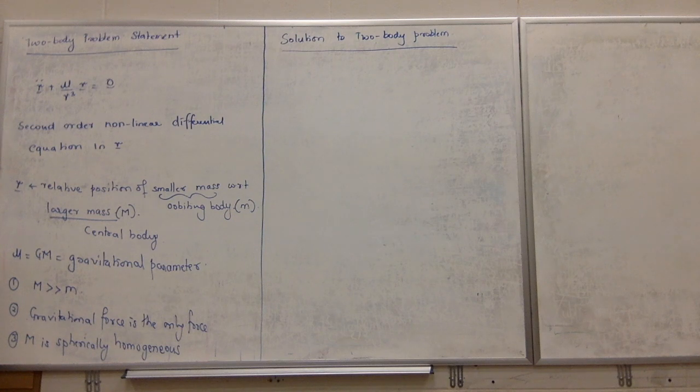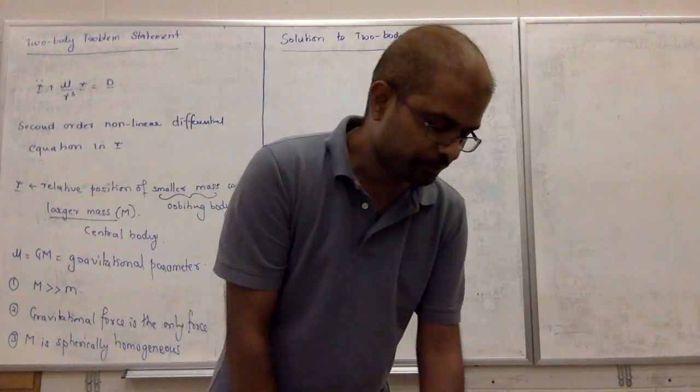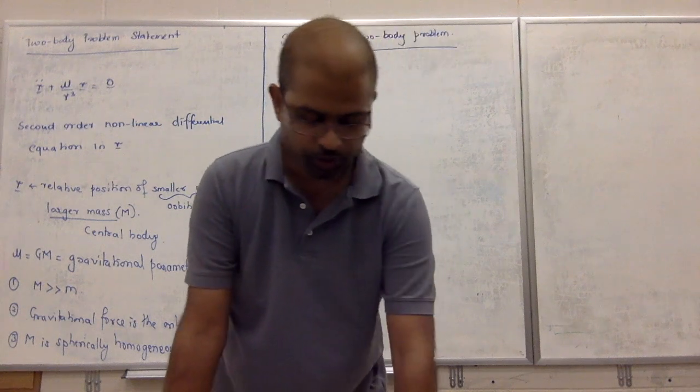If you launch a satellite, every second, every minute, you want to know where that orbiting body is. What is the trajectory it takes? So that you can predict where it is going to be at a given time. So what we are going to do is derive a solution to the two-body problem.